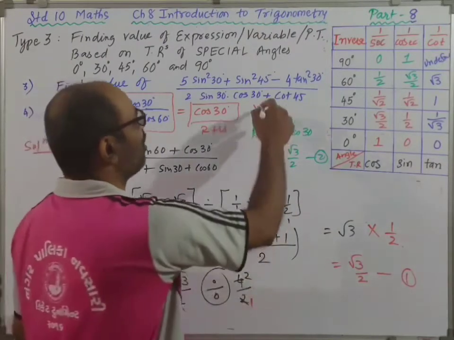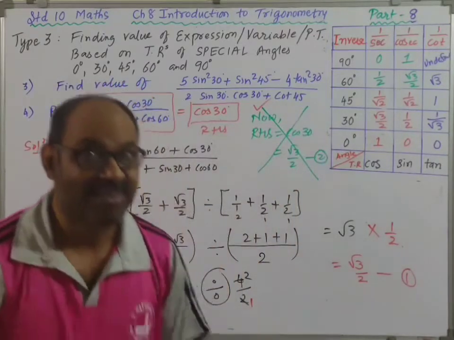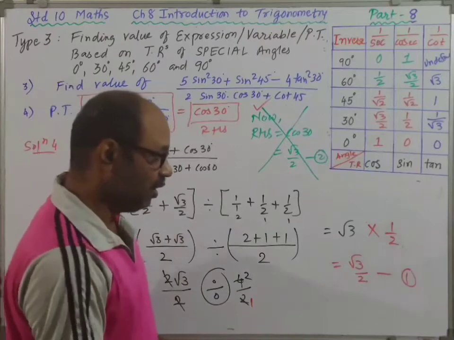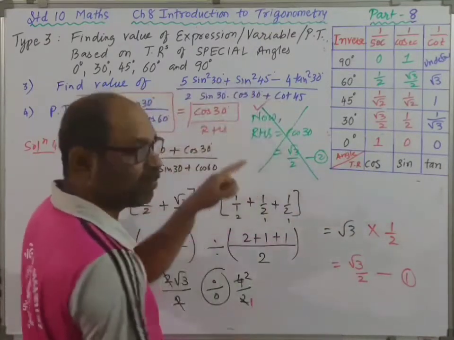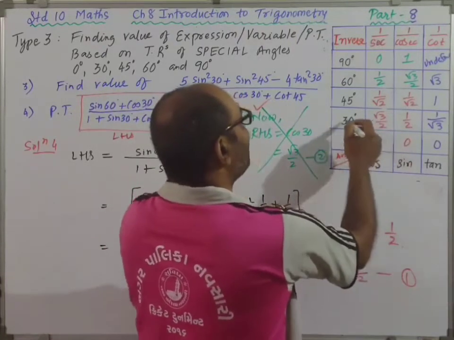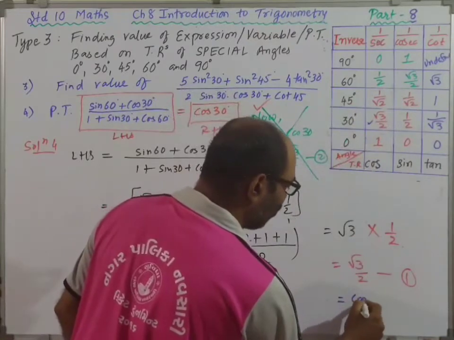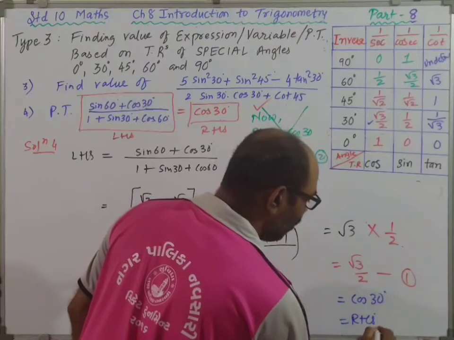But some smart children will do it in some other way. They will say root 3 by 2 is the value of cos, because we have to prove cos 30. So in cos, the value root 3 by 2, here it is, that is 30. So that is equal to cos 30 and that is equal to RHS. Proved.